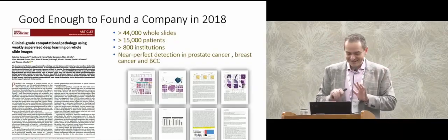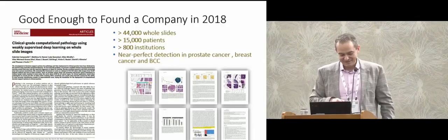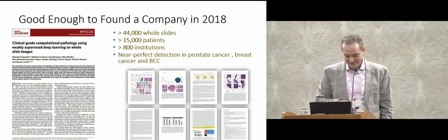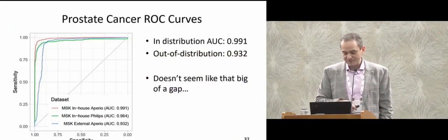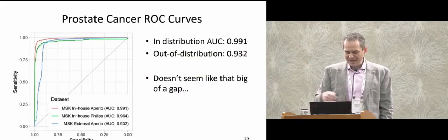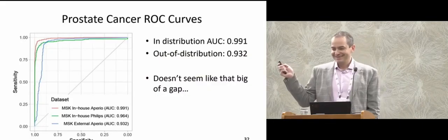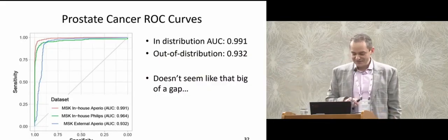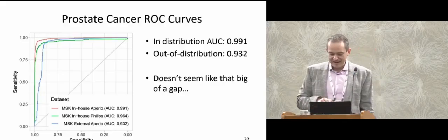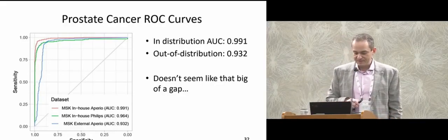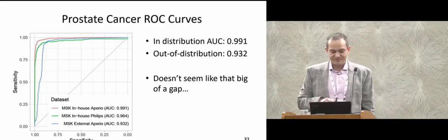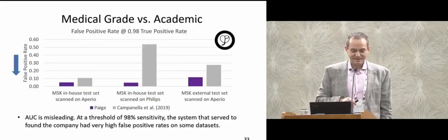Okay. So good enough to found a company in 2018, right? Nature Medicine. This was the paper that served to found Paige, and they had great ROC curves, right? In distribution 0.991, out of distribution 0.932. That was actually my first task, figure out how to fix that. Which didn't take too long.